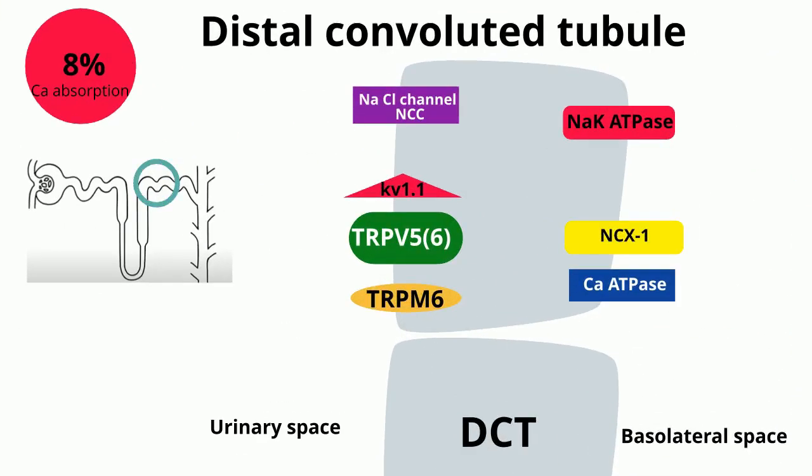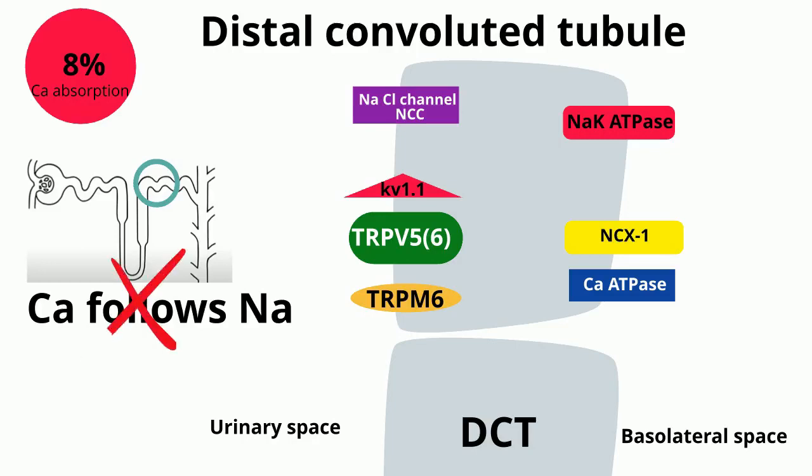The distal convoluted tubule. Here we are at the distal convoluted tubule. This is where the fine-tuning of calcium regulation occurs. So far, in the proximal tubule cell and in the loop of Henle, calcium reabsorption followed sodium reabsorption. Here in the distal convoluted tubule, calcium reabsorption does not parallel sodium reabsorption.